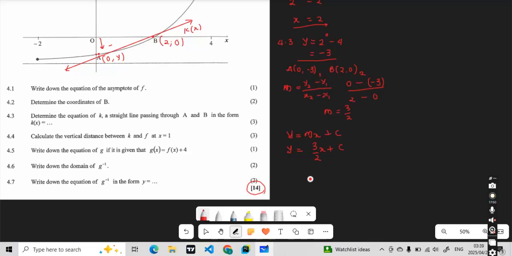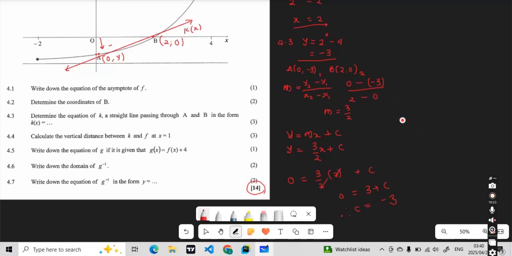So let's substitute b. On b, our y is 0, which is equal to 3 divided by 2 times x, plus c. So as you can see, this is going to cancel this one. Then we're going to be left with 0 equal to 3 plus c. Therefore, c is going to be equal to minus 3.